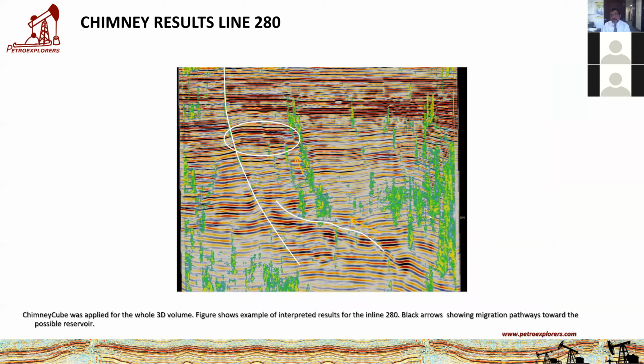So when we look at it in 3D, this is now from a 3D, we can see the main feeding fault system, which would feed these traps, which would have a fault related trap. Each of the fault benches would have been fed by this migration, which is coming from the base level.